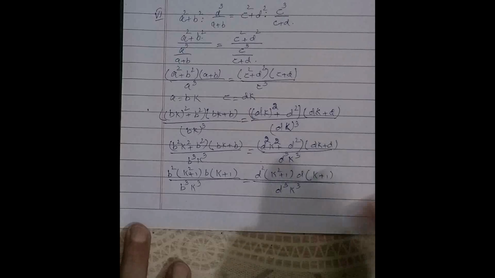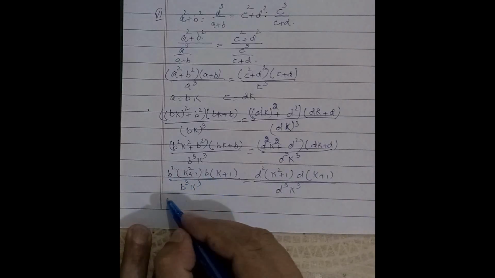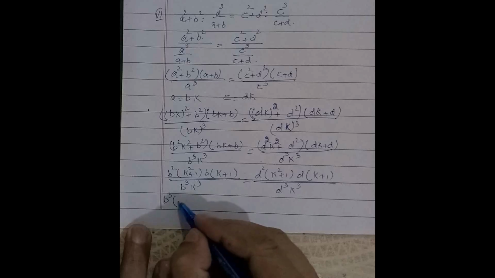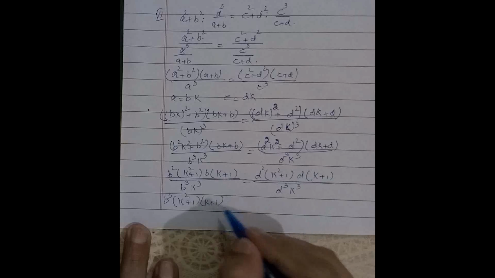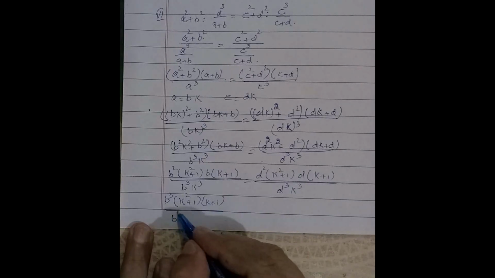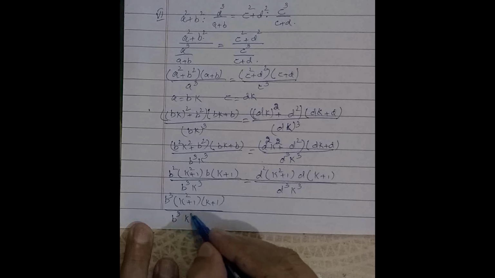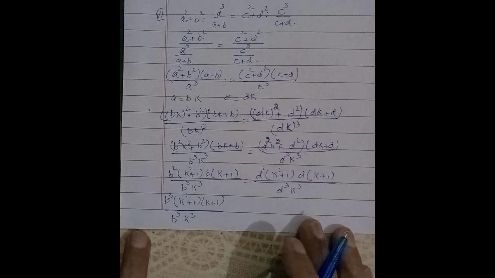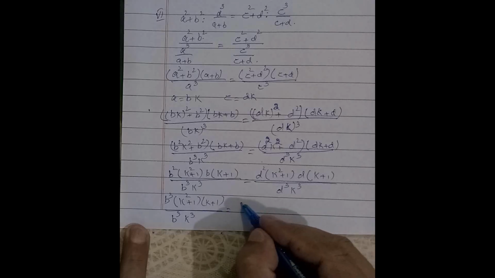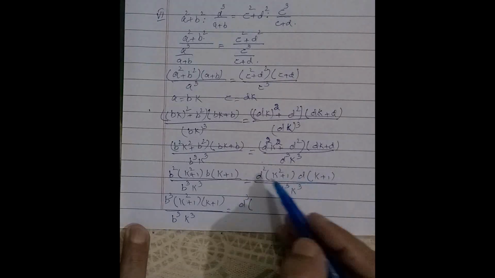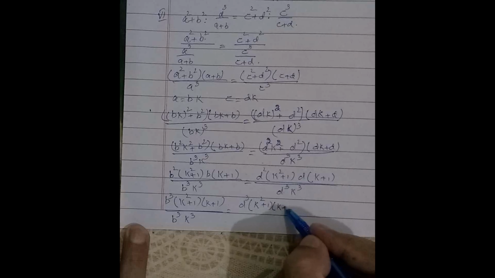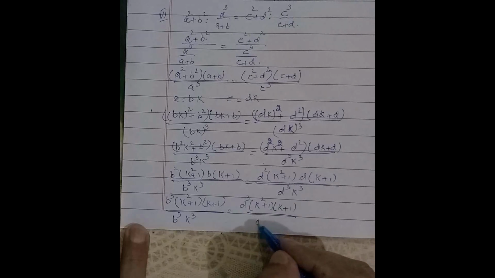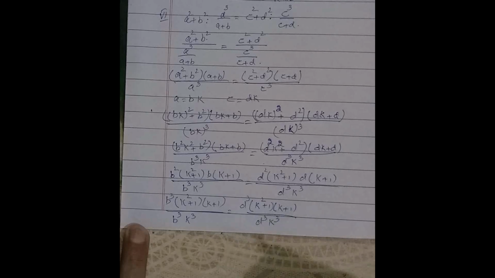Now further simplify, b^2 multiplied by b, we get b^3, and in the bracket (k^2 + 1) into (k + 1) over b^3 k^3, and the other value is d^3, because d^2 multiplied by d is d^3, the remaining value is (k^2 + 1)(k + 1) over d^3 k^3.